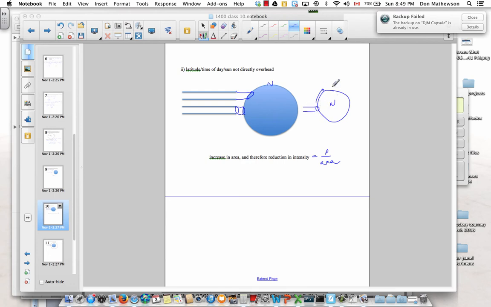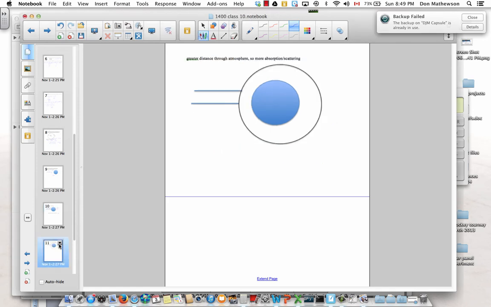But then as the Earth rotates, and as you move, say, from here at noontime in Vancouver to over here where the sun's about to set, then your solar energy, as it spreads out, is getting less intense, and that's why you don't get sunburns in the afternoon. So latitude and time of day effects further reduce the intensity from the 1400 out here down to 1000 on the Earth's surface.